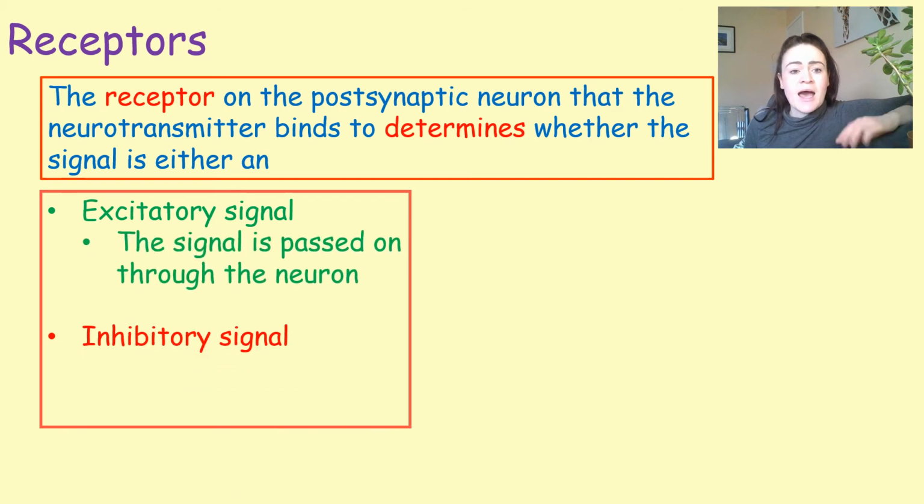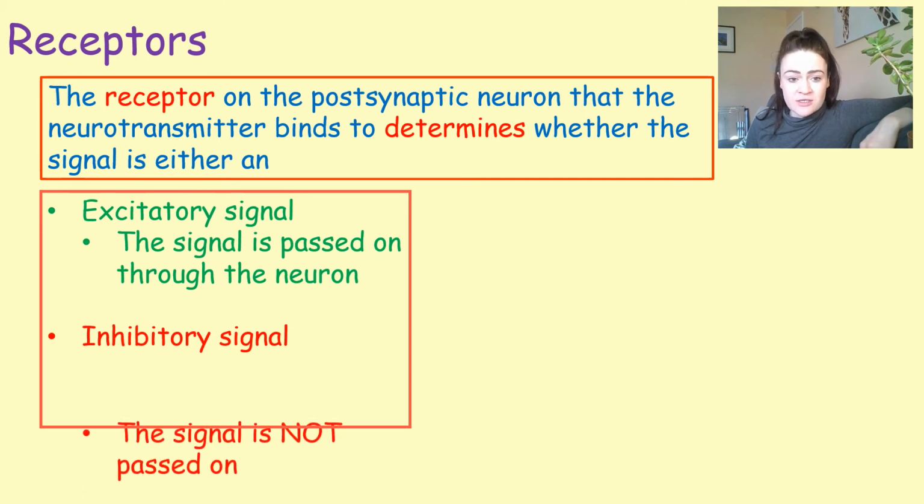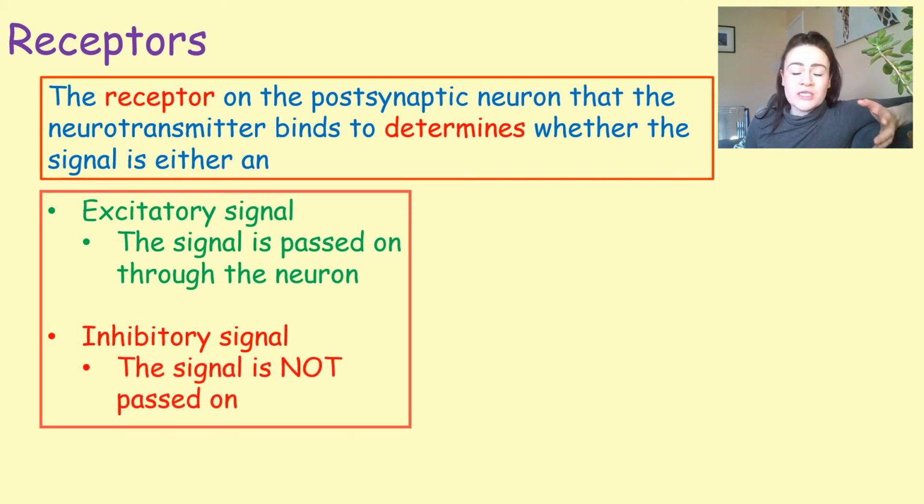Okay? An excitatory signal will result in a signal being passed on through the neuron, so that it will fire off an impulse through the neuron. With an inhibitory signal, once the neurotransmitter is bound to that receptor, the signal will not be passed on.